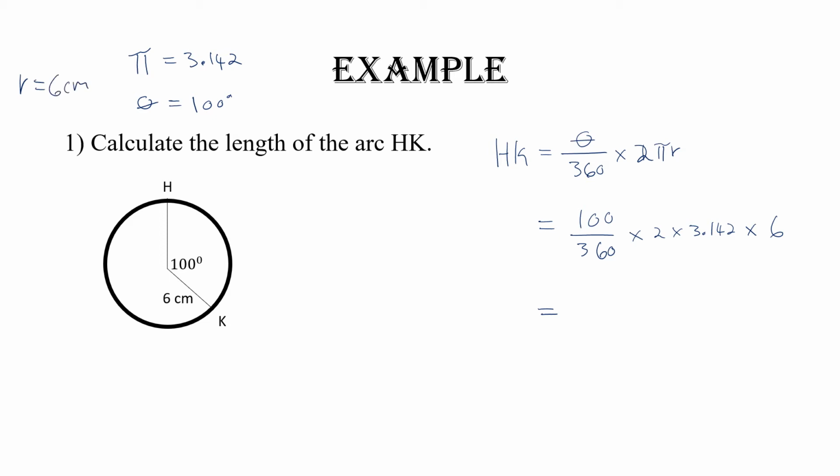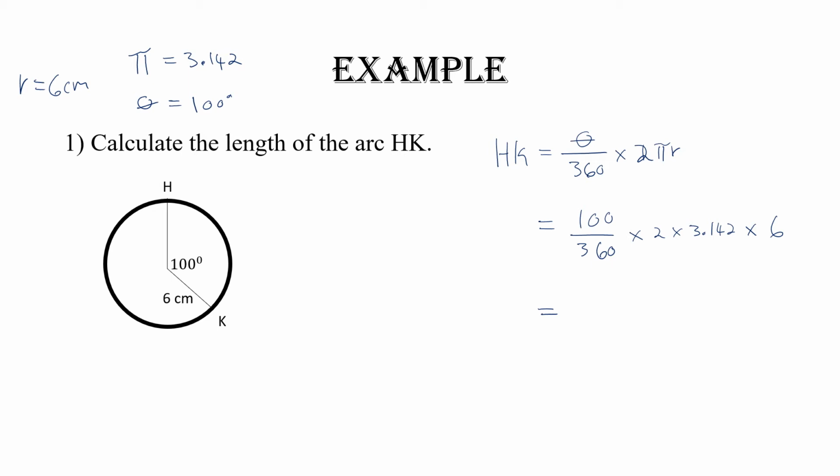And from here it's just a matter of computing. So here I'm using my calculator. I have 100 times 2 times 3.142 times 6. Hold on, I did something wrong here. Oh no, I didn't. It's a fraction. And then I divide that answer by 360.